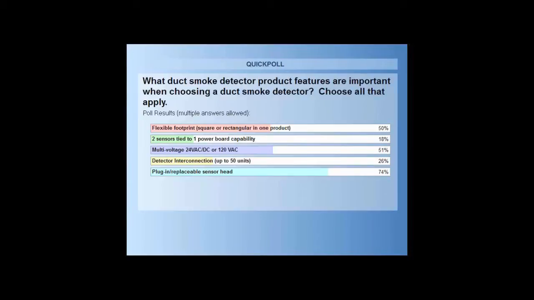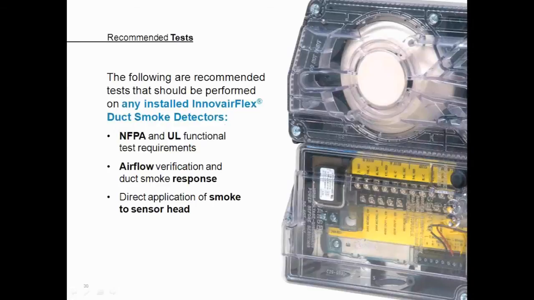So moving forward, now that we've completed the overall code section of this webinar, we're now going to talk about duct smoke detector testing requirements and the different testing methods that are available. Okay, there are three types of tests that are recommended to be performed on any installed duct smoke detector.